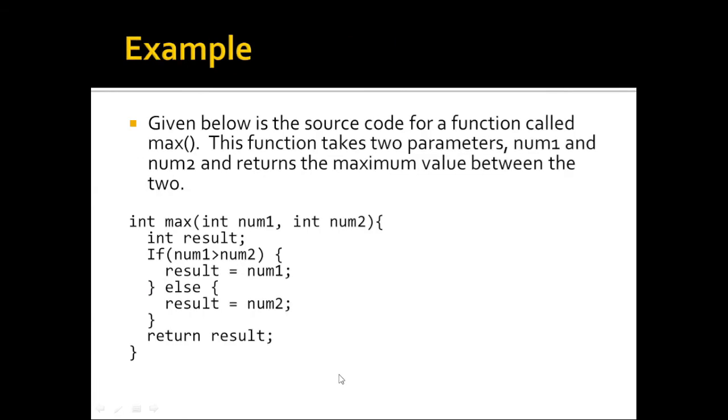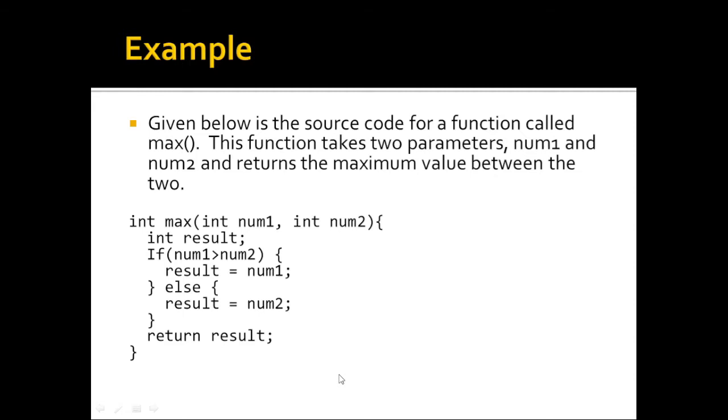So here's an example. Given below is the source code for a function called max or maximum. This function takes two parameters, num1 and num2, and returns the maximum value between the two. So we have int max(int num1, int num2), then int result.